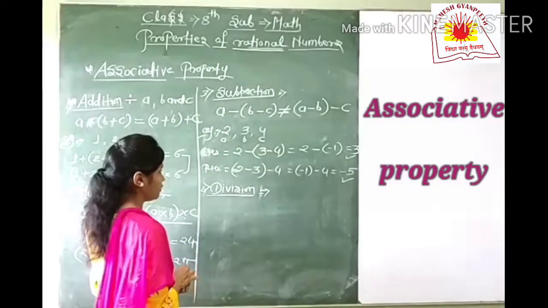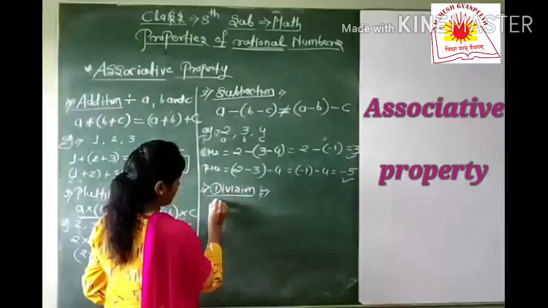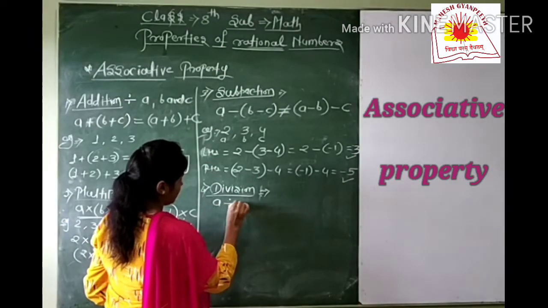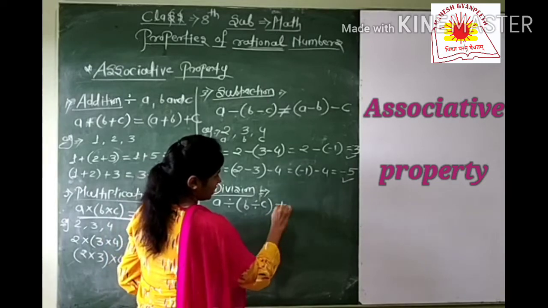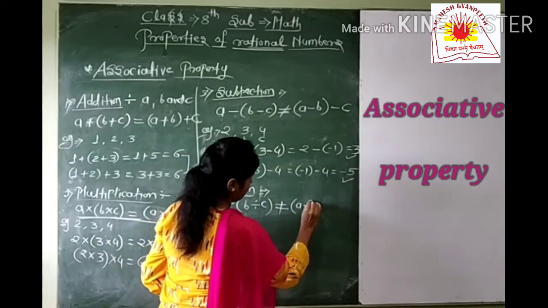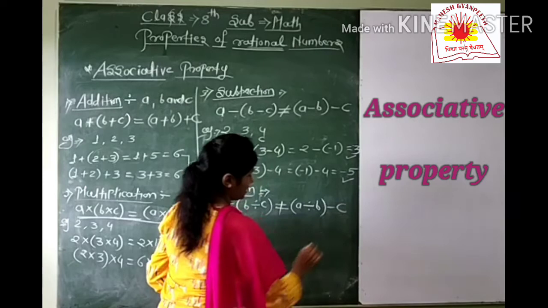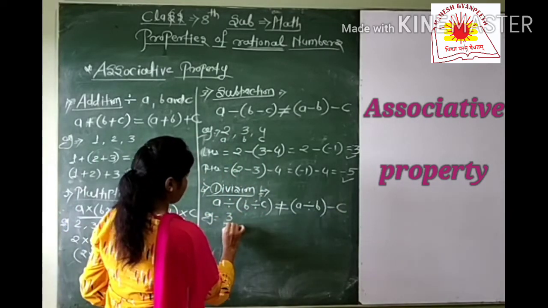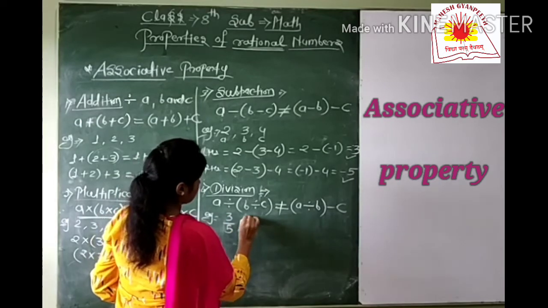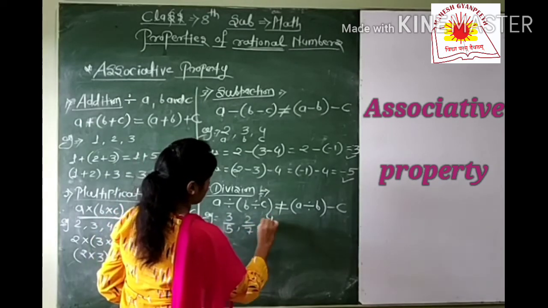Now next one is the division property. Again, A divided by in bracket B divided by C does not equal in bracket A divided by B, divided by C. For example, 3 upon 5, 2 upon 7, 4 upon 9.